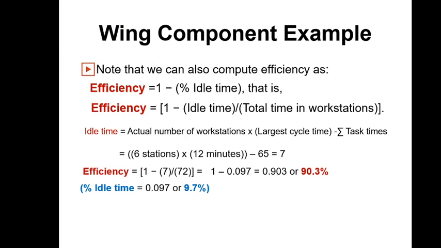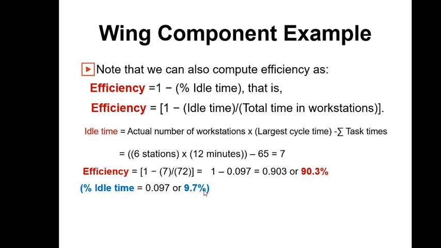So 7 minutes divided by 72 minutes available, which is the number of workstations multiplied by the cycle time. Or you can take the idle time percentage as the complement of the efficiency. The efficiency is 90.3%, so the percentage of idle time is the complement, which is 9.7%.